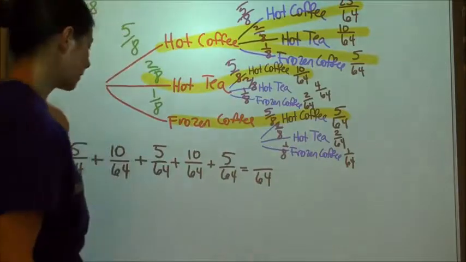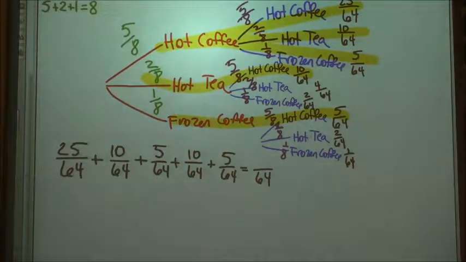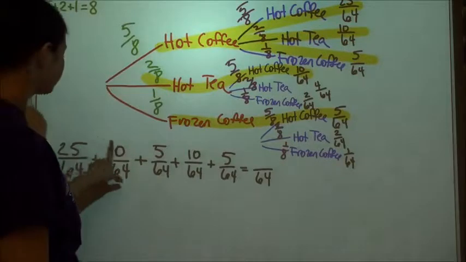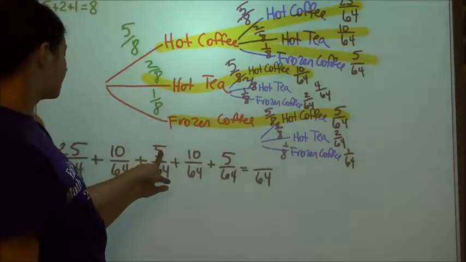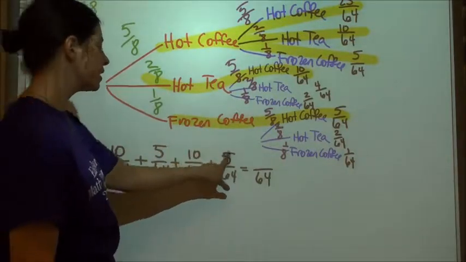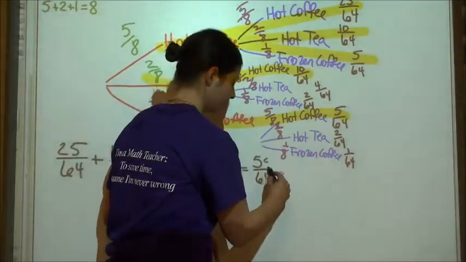Now I know we all remember that when you're adding fractions, the denominators have to be the same, which these are, and then the denominator stays the same. So it's going to be out of 64. So I have 25 plus 10 is 35, plus 10 is 45, plus 10 is 55, plus 5 is 60.